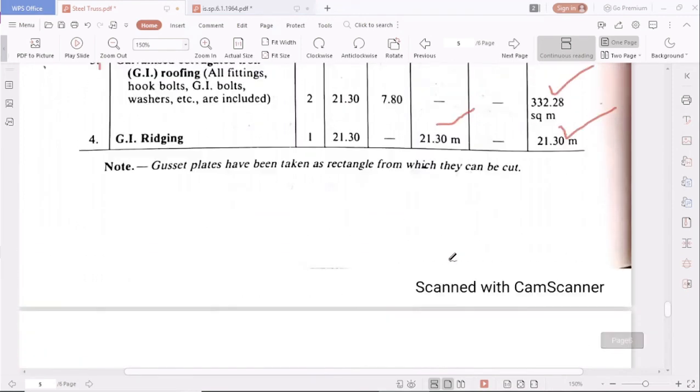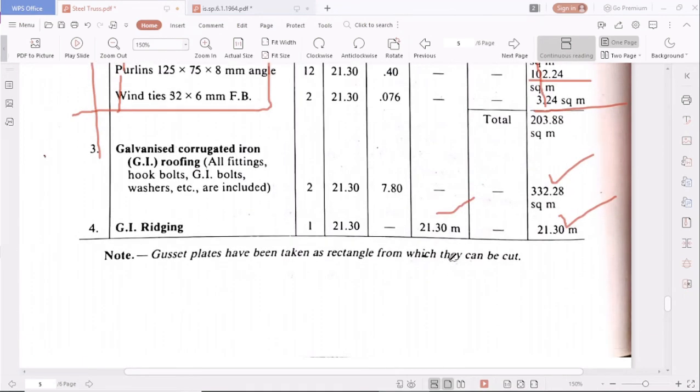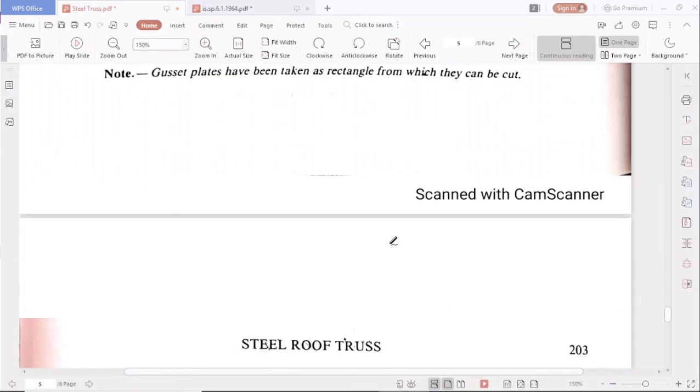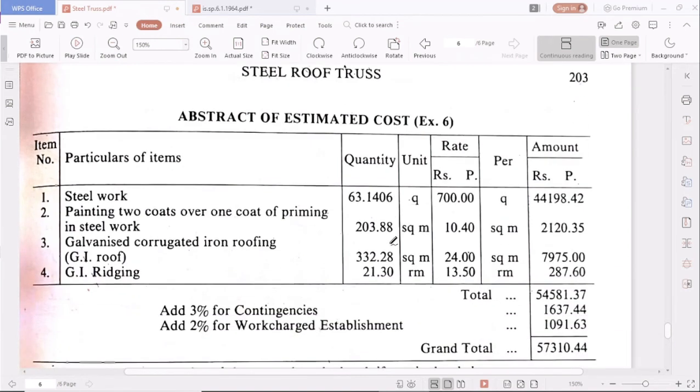Now we have calculated all the quantity items. What we have to do now is add them in the abstract of estimated cost form. The works we have done are steel work, painting work, GI roof, and then ridging. For steel work, the quantity we got is 63.1406 quintals, with the rate as per the local schedule of rates book.